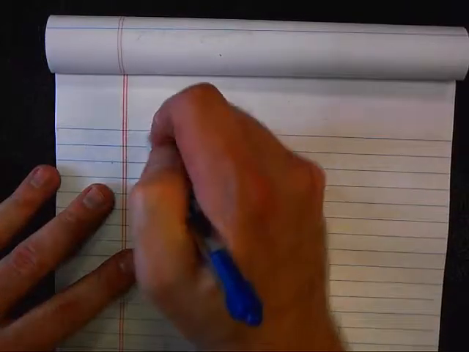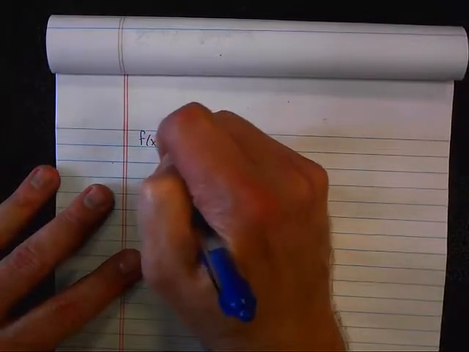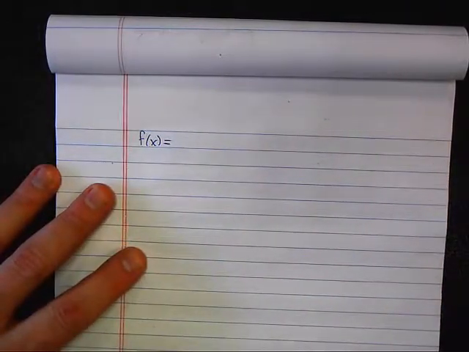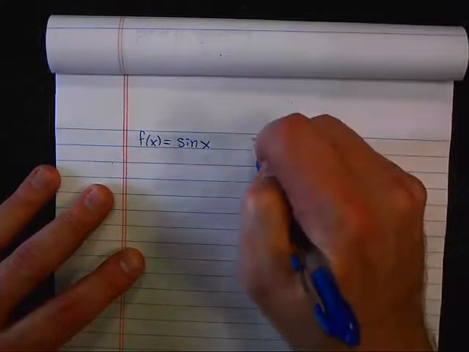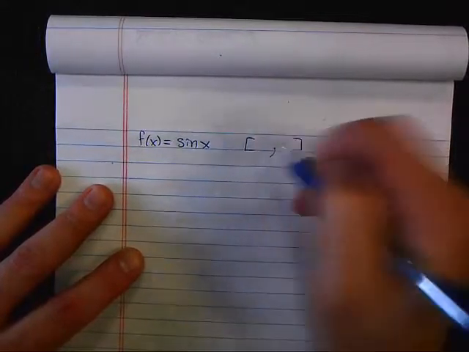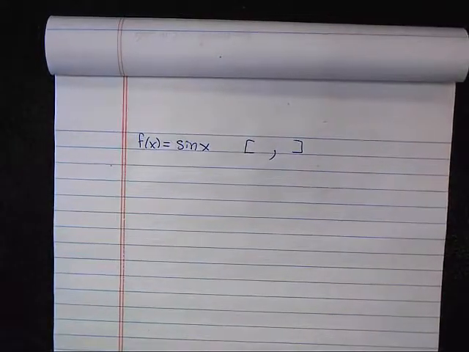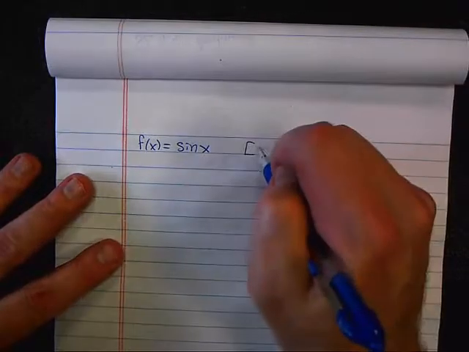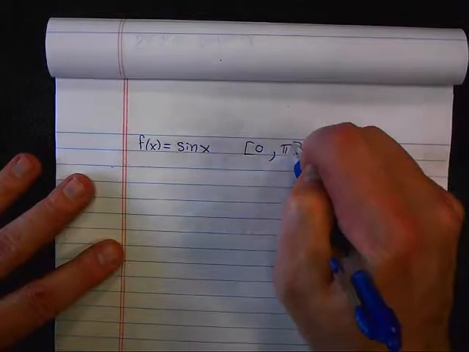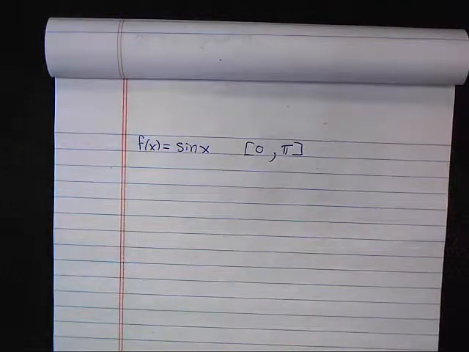Okay, so we need a function. Somebody give me a nice continuous function. What's that? Sine of x. Oh, you've decided to make it interesting. Okay. And then I need an interval. 0 to pi.